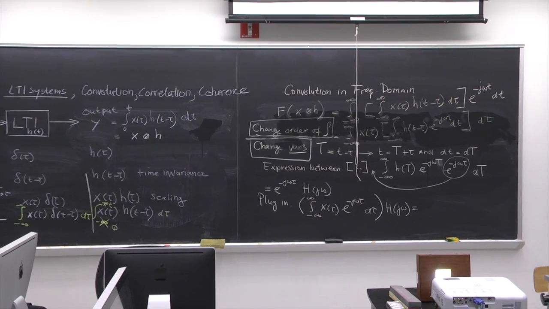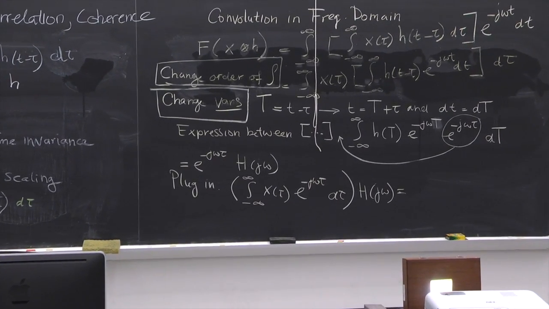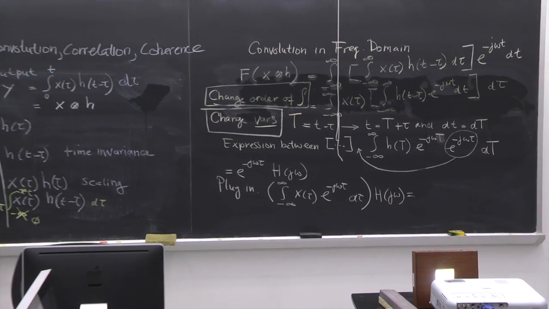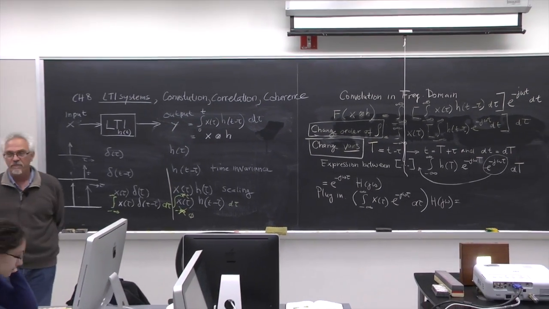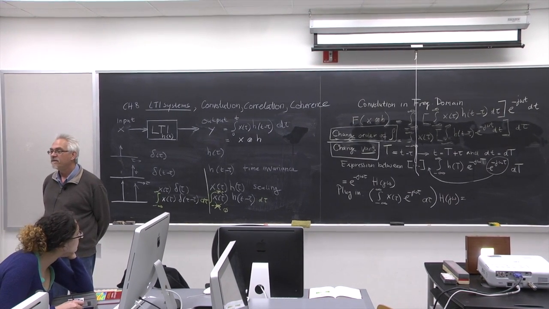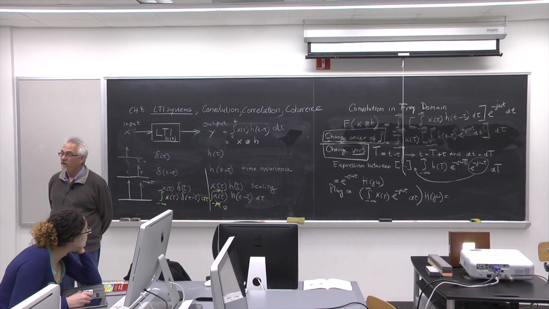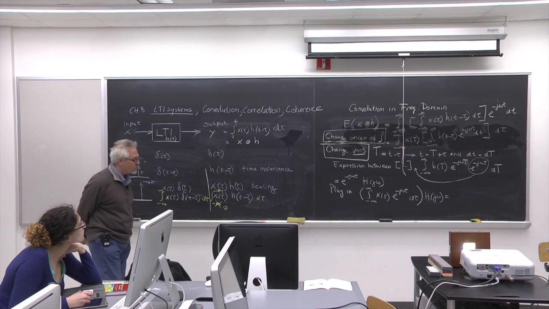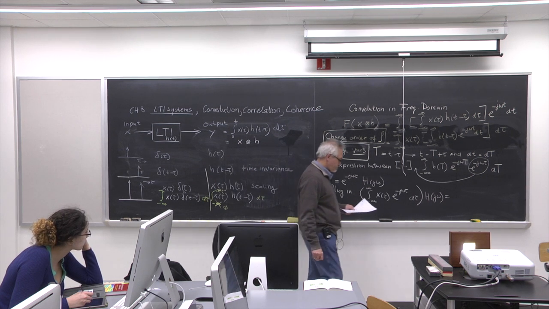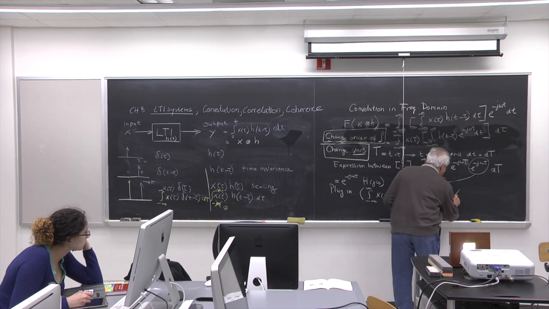See? And what is the expression now between the left brackets? It's again the Fourier transform, but in this case it's the Fourier transform of x, isn't it?